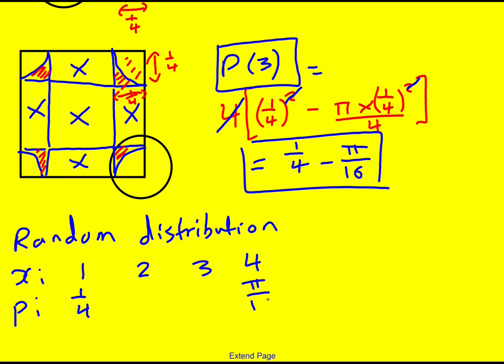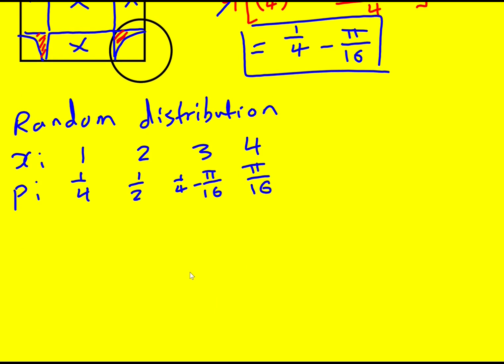Those were the first two that we found. And then for 2, it was a half. And then here we had 1/4 minus pi over 16. Note, when you sum all of these together, you get 1, so we can be pretty confident about that. We could have worked out this answer just by doing 1 minus all the rest of them, but I think it was quite useful to do it using our geometry argument and then just checking that it all works.